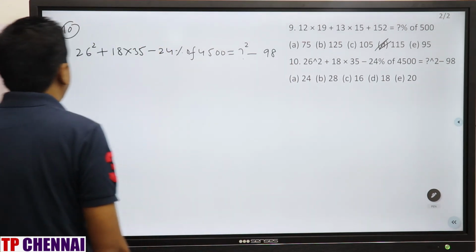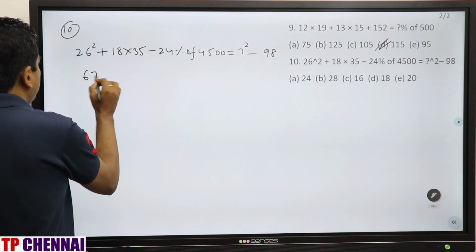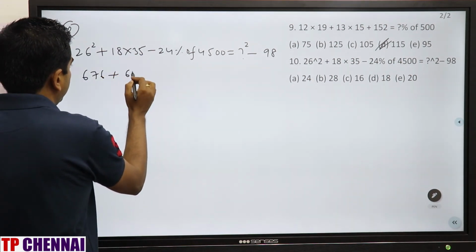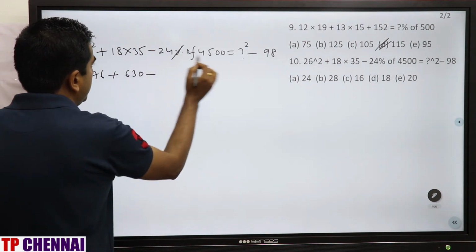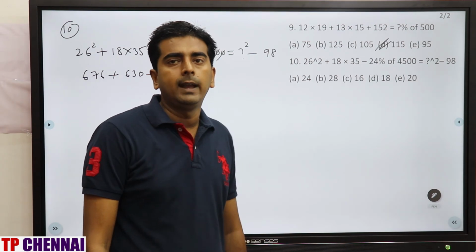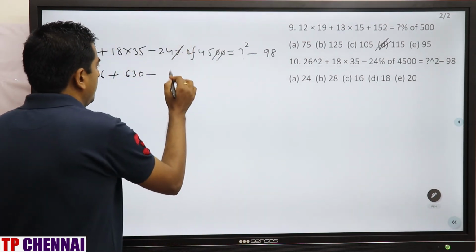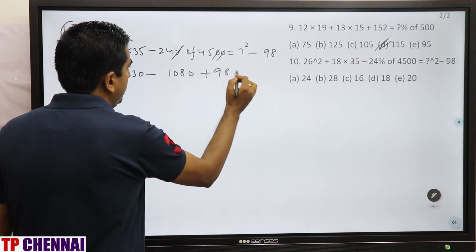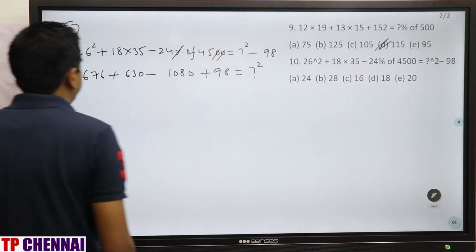This is 676. This is 630. Minus, percentage and double zero will go. 45 into 24 is nothing but 12 into 90, 1080 plus 98 is equal to question mark square.